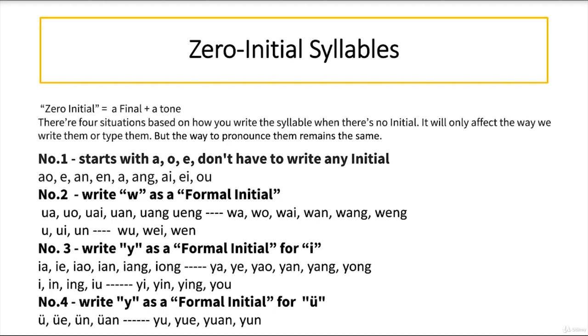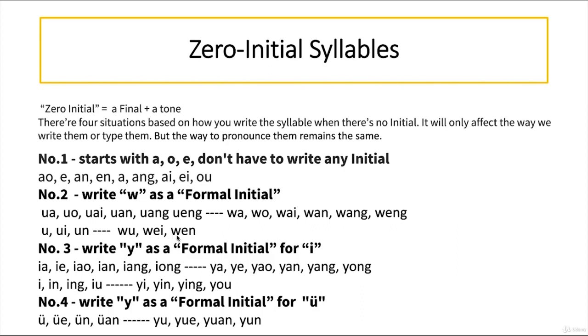For Wa, Wo, Wai, Wan, Wang, Weng, and Wu, Wei, Wen, we'll write them as WA, WO, WAI, WAN, WANG, WENG, W-U, W-E-I, and W-E-N.